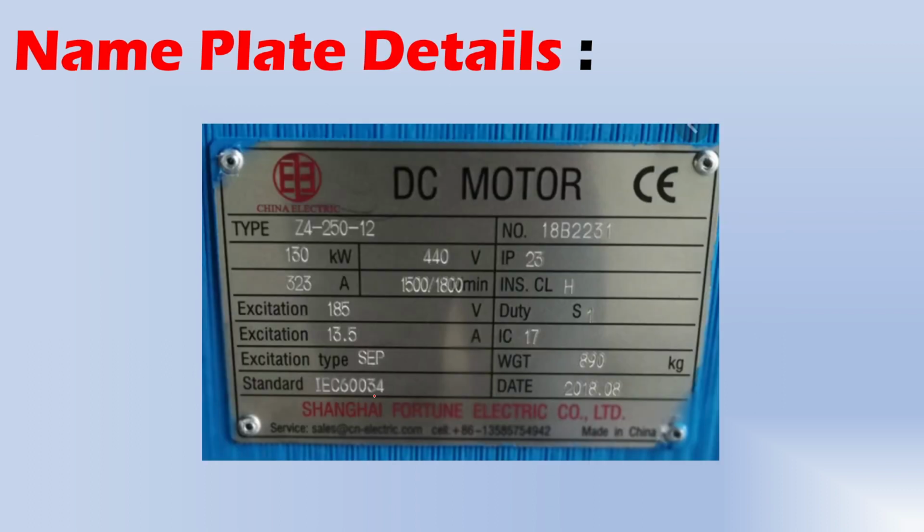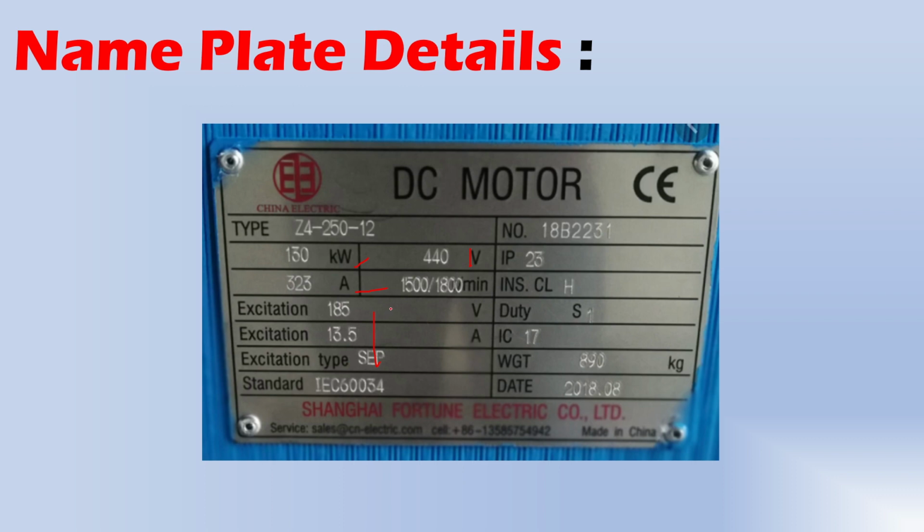After that, I want to show you the nameplate details of one motor, because insulation class plays a major role in the selection of equipment. On this nameplate you will find the amperes, the kilowatts, the excitation for a DC motor, the weight, the serial number, and the voltage we need to give.